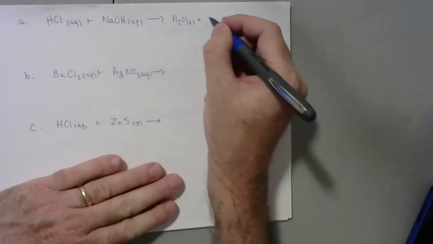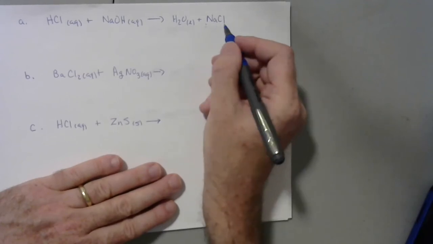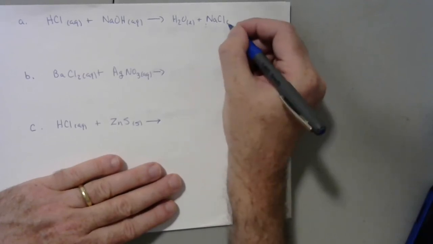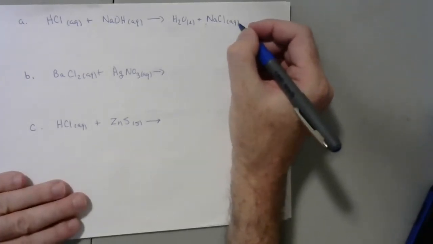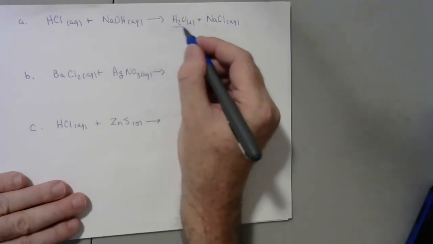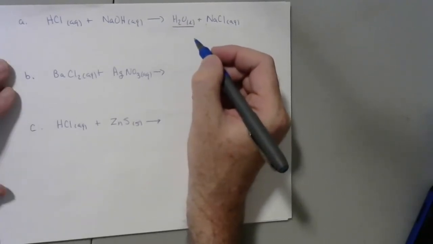The cation comes first. NaCl, +1, -1. Sodium chloride is a water-soluble salt, so we're going to write aq. Now to write the ionic, what doesn't split up? Water is my non-electrolyte. Everything else splits up.